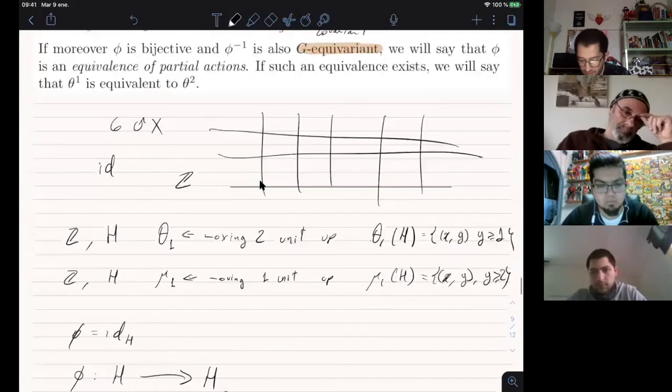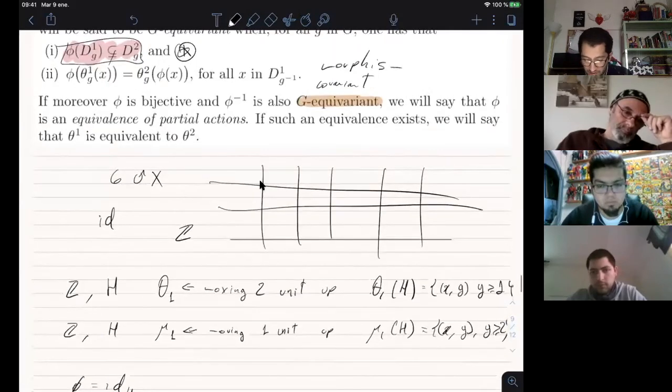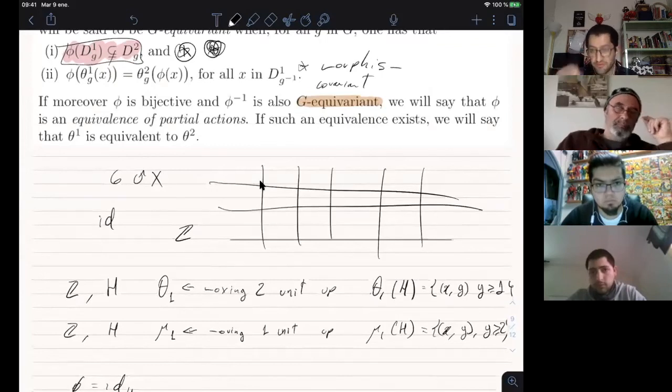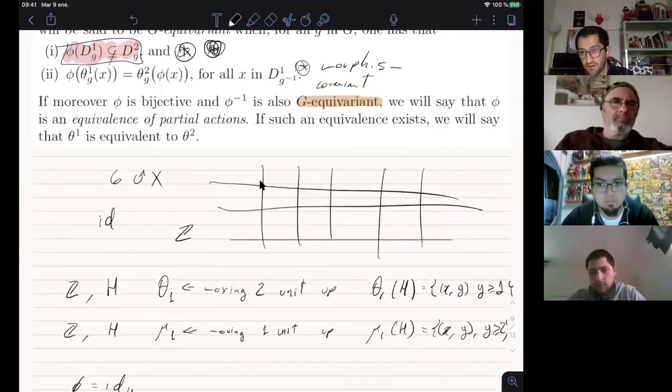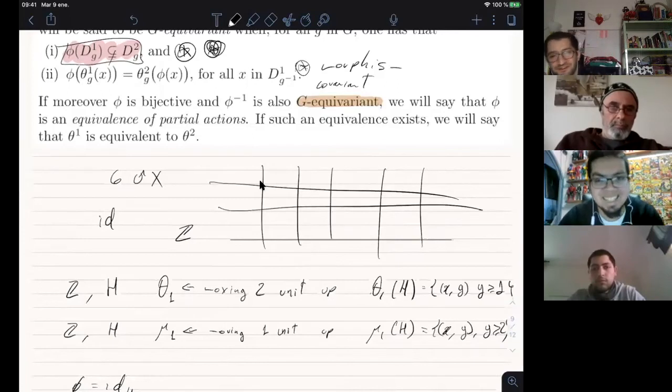We are satisfying this condition here, and also this condition here trivially, because phi is the identity.